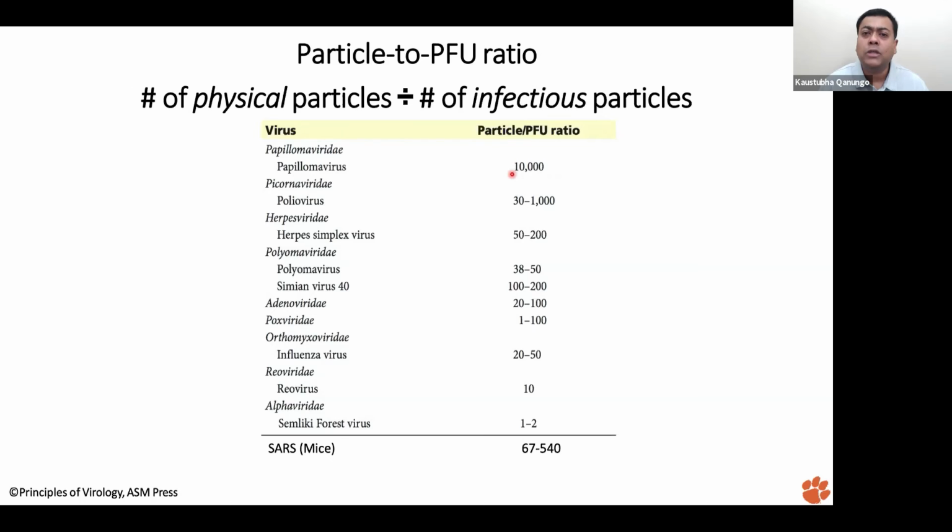So your dose has to be much higher if the particle to PFU ratio is very high. If the ratio is low, the virus is infectious at a very small dose. That's the important concept that you have to master here.